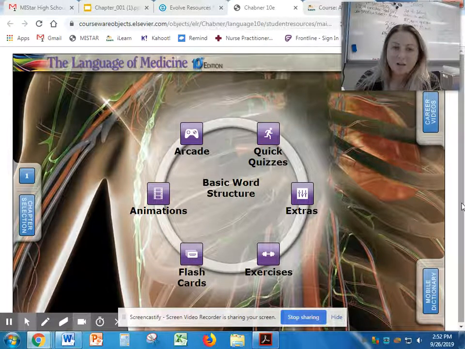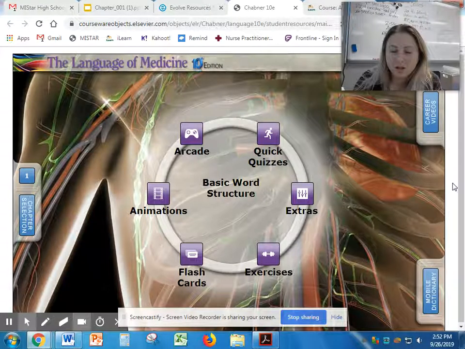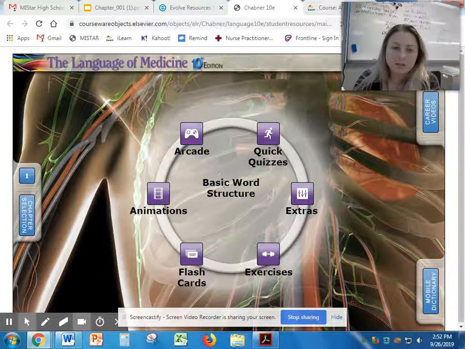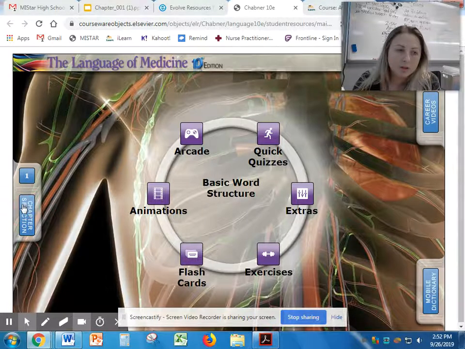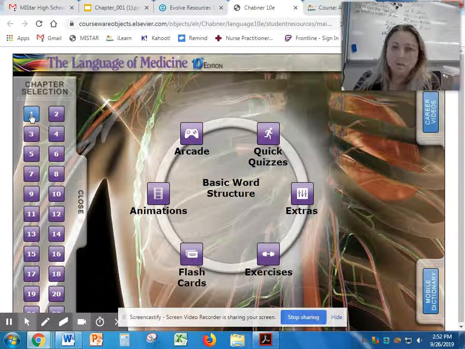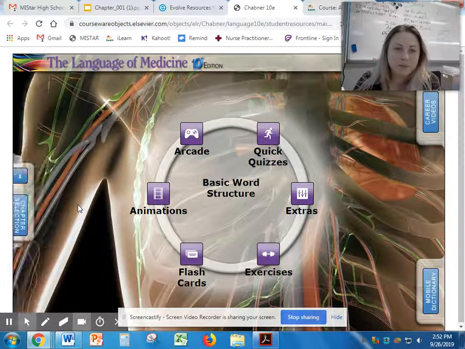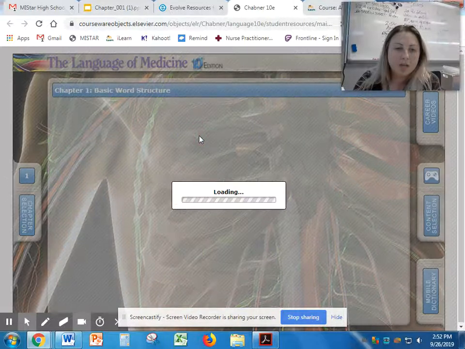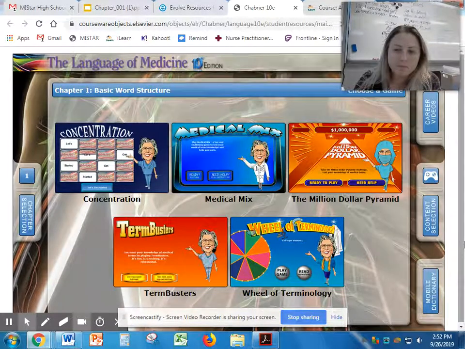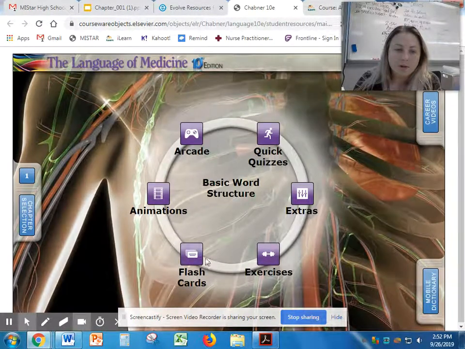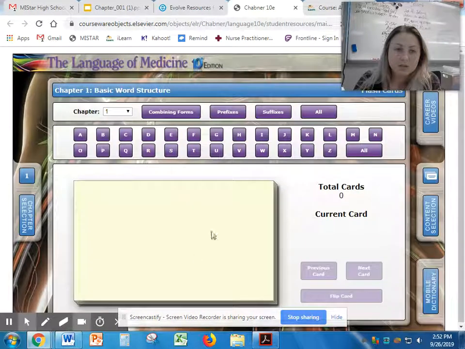Everyone, we're back with medical terminology, and I wanted to show you the Elsevier Evolve page for your student study. Under chapter selection, make sure you're under chapter 1 because we're only on chapter 1 right now. There are games in here if you want to play games or do flashcards.